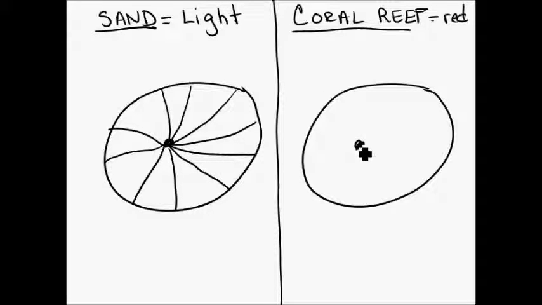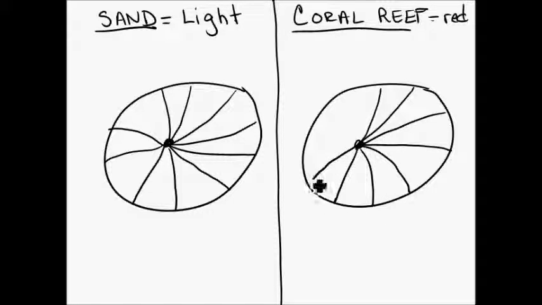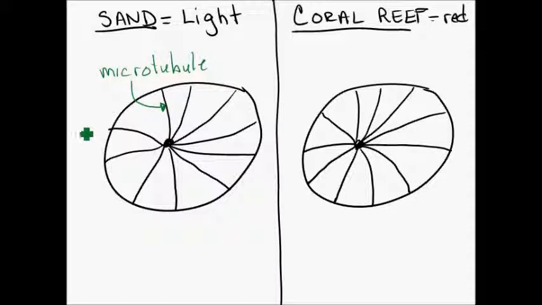So I'm just going to draw two duplicate cells right now with the centrosome and the microtubules. I'll go ahead and label one of these. That represents a microtubule. And the centralized dot in the center, that is the centrosome.